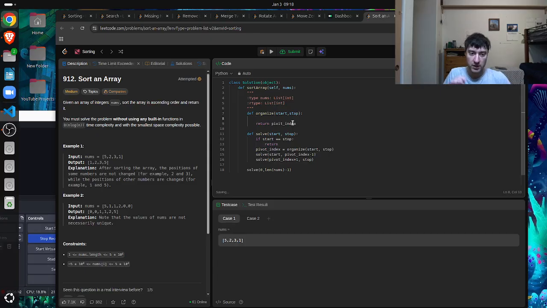I want to find a pivot, right? Pivot, I'll just call it location, is going to be equal to, what was it, randint, something like this. And then within here, I pass in the parameters from start to stop.